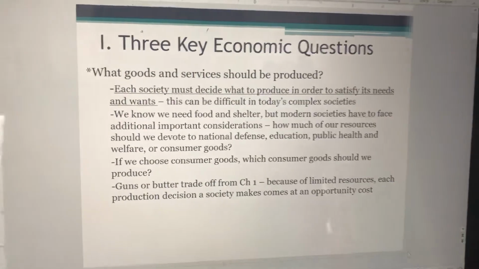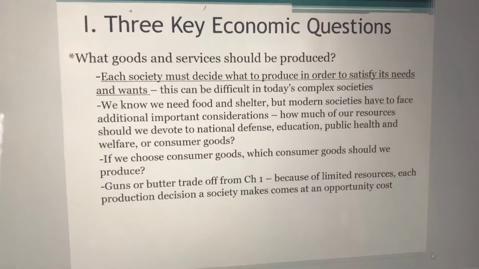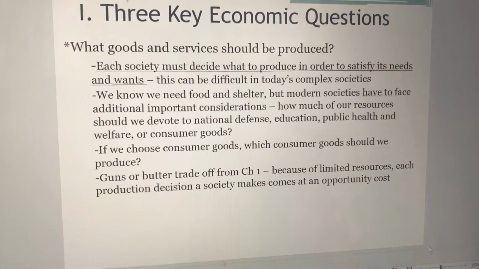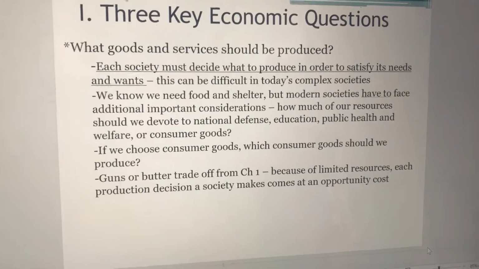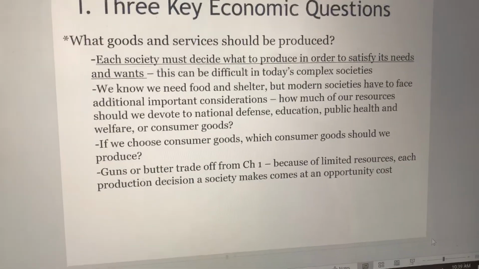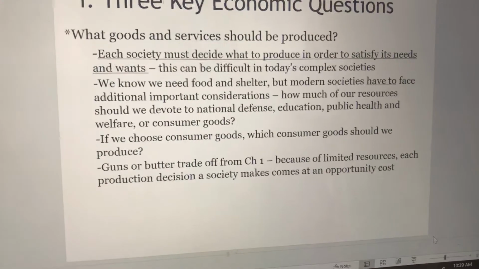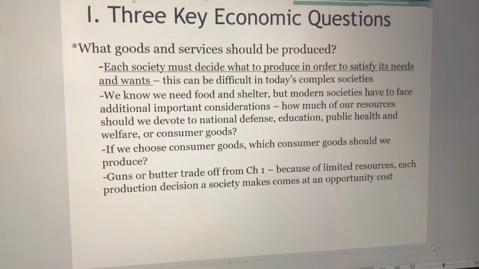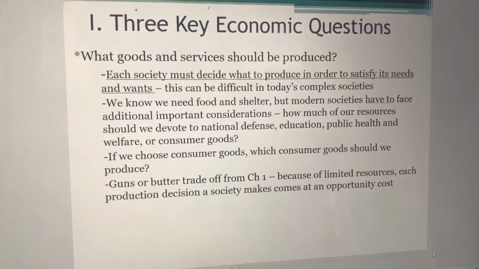In a modern society, this can be really difficult. We all know that we need food and shelter, but we have so many additional important considerations. How much of our resources should we devote to national defense, education, public health, welfare, or consumer goods? Think about the situation we're currently living through with coronavirus.